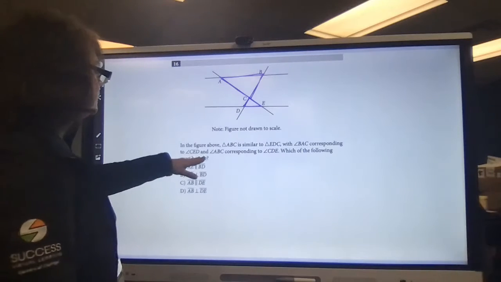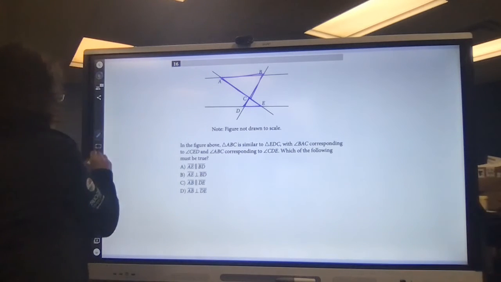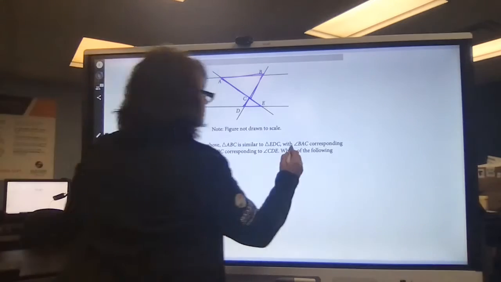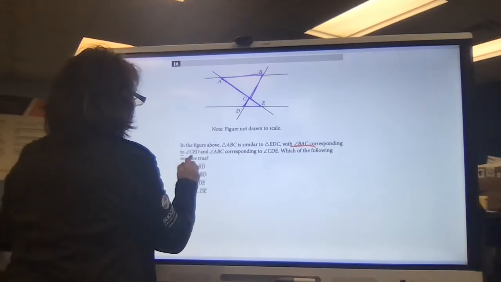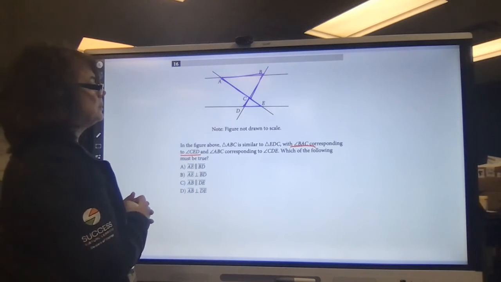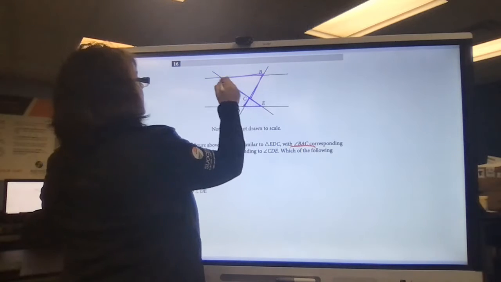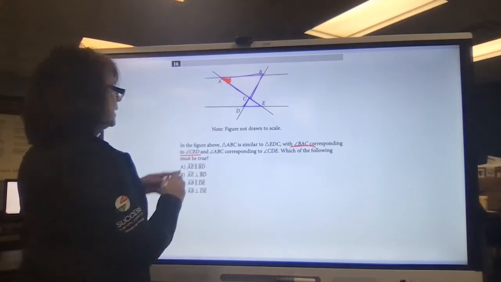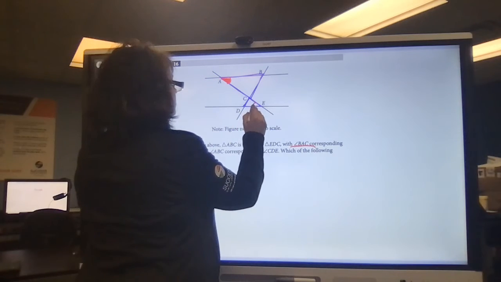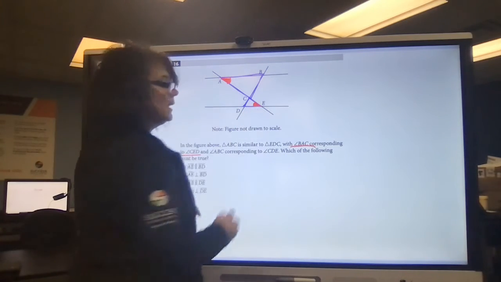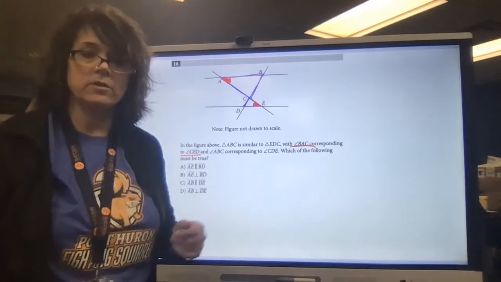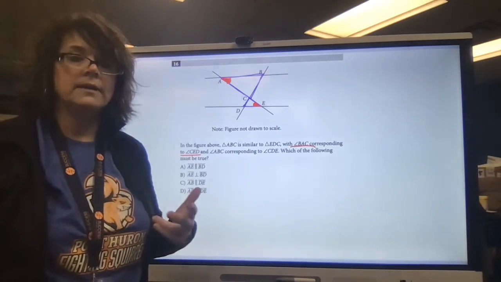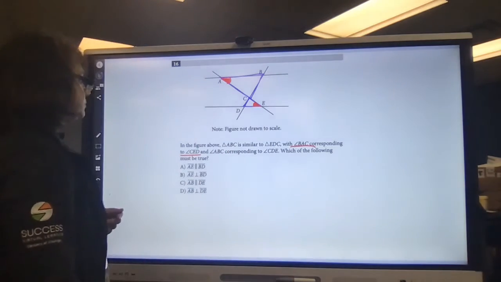Okay. Next, it tells us that we have corresponding angles. BAC is corresponding to CED. So I'm going to mark that on my diagram. BAC, so this angle right here, corresponds to angle CED, which is this angle right here. So again, that's telling me that they're congruent to each other because of similar triangles.